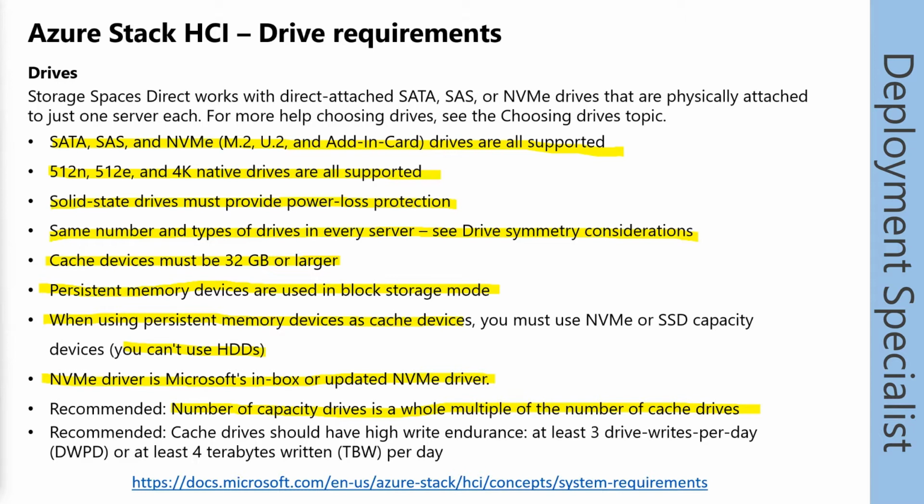And the cache drives, this is very, very important, should have a high write endurance, at least 3 drive writes per day, because all the traffic will be routed through the cache. It depends on your specific configuration, if only for read or write traffic or for both. If you're using hard disk drives, then the cache will be used to combine writes and reads to the hard disks to optimize the throughput on the drives.